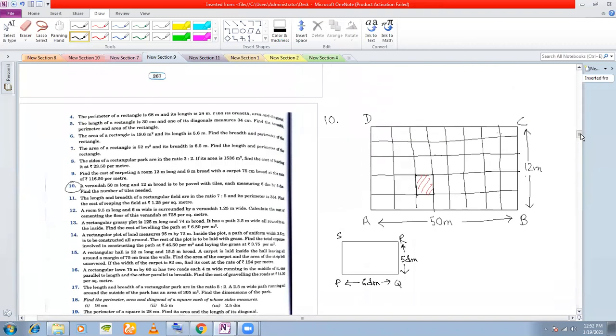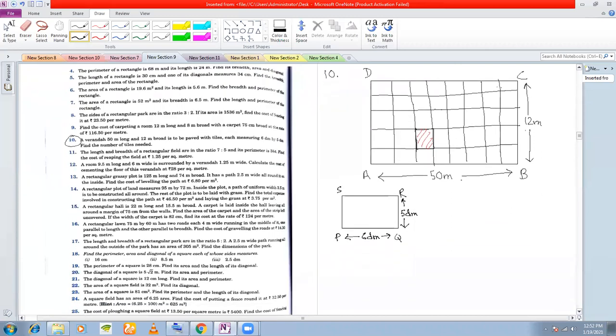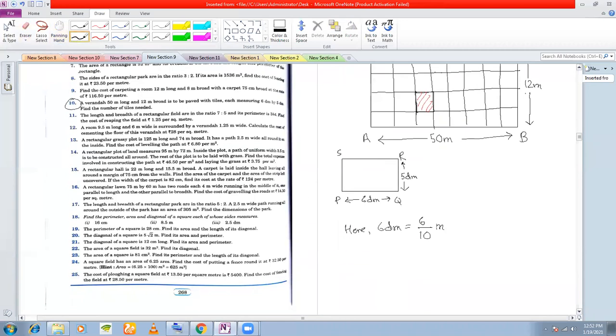First we shall convert decimeter to meter. 6 decimeters: as I told you, deci is 1/10 of a meter, that means 6 by 10 meters, and 5 decimeters means 5 by 10 meters.